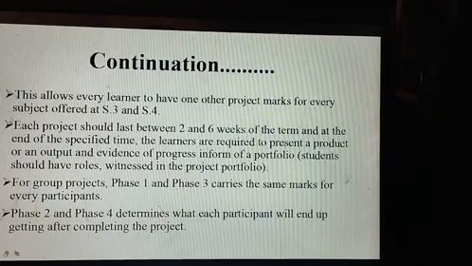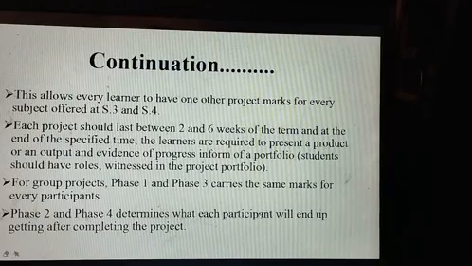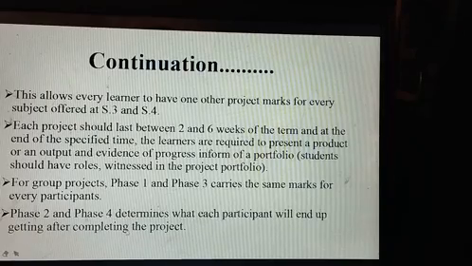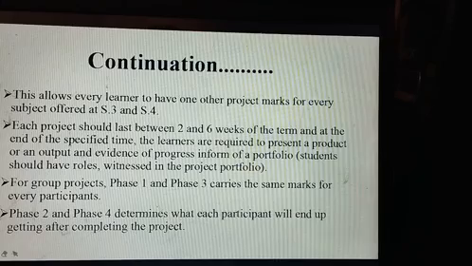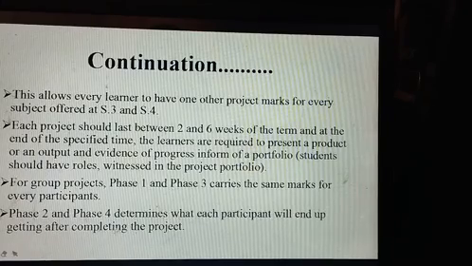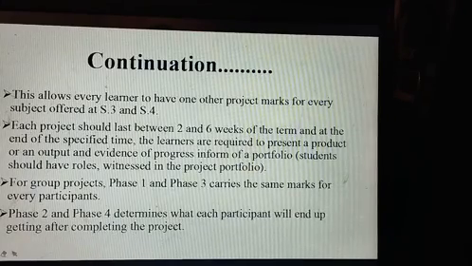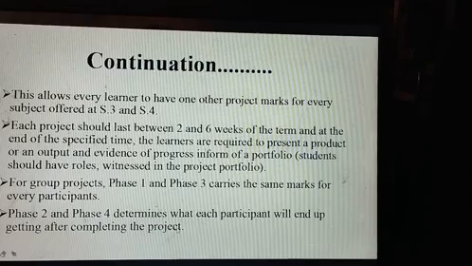So phase 2 and phase 4 determine what each participant will end up getting after the completion of the project.